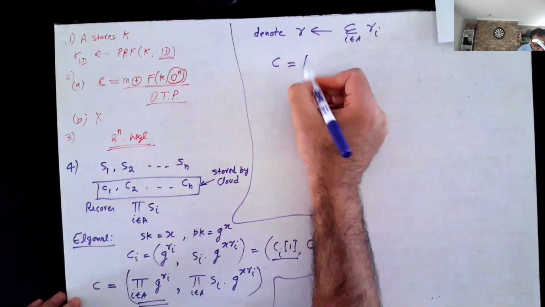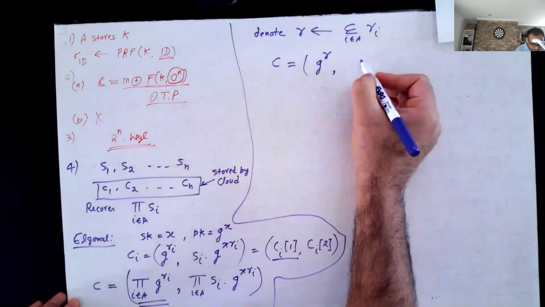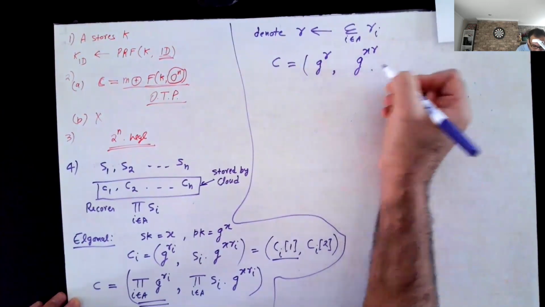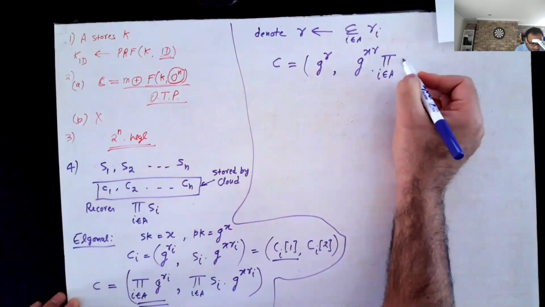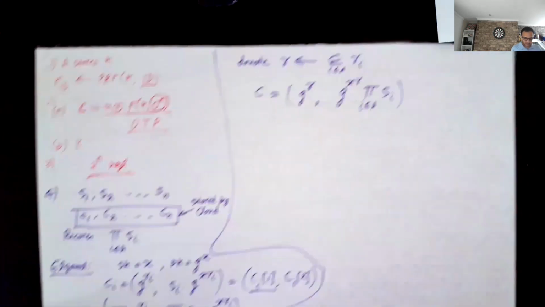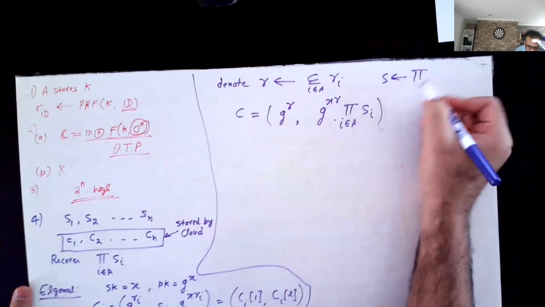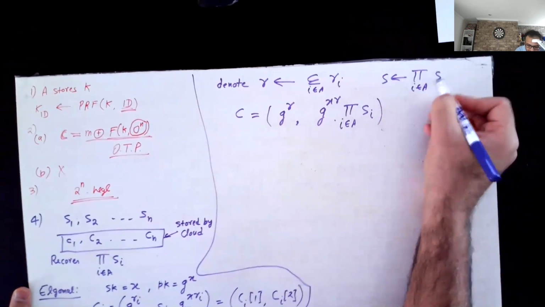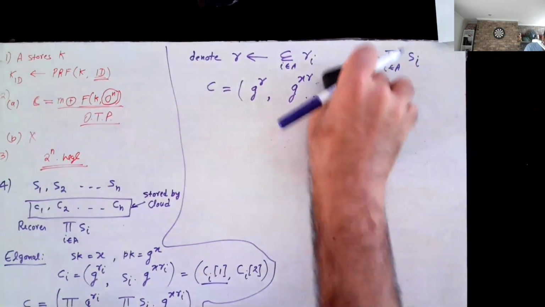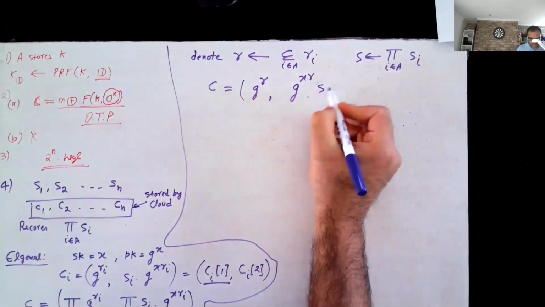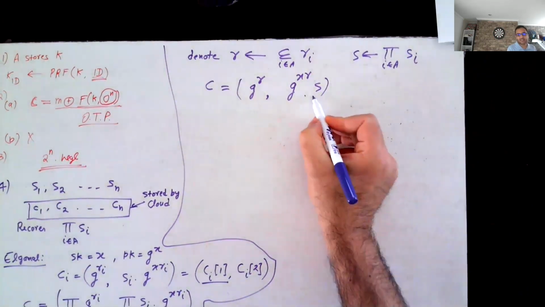So you would just end up getting g to the power r, and then g to the power xr times, and in fact, let's denote s to be the multiplication of all the messages in this set A. Then this is just s.